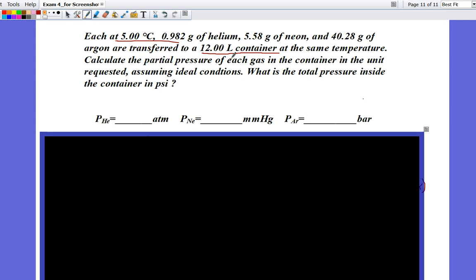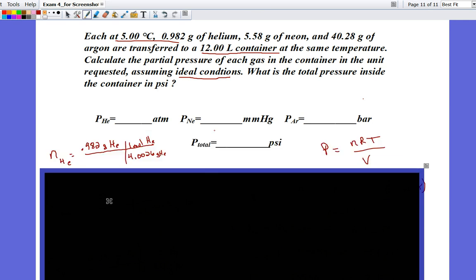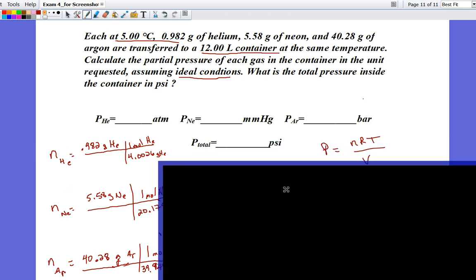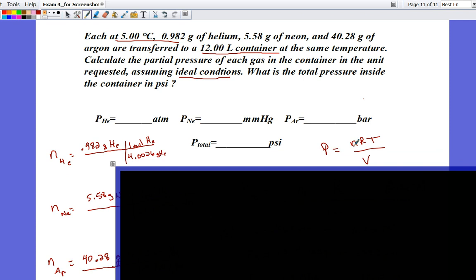And you're supposed to calculate the partial pressure in the unit that I'm requesting, assuming ideal conditions, so that means you can use the ideal gas law. And then tell me the total pressure inside the container in units of pounds per square inch, or psi. So for each one of these, you need to first set them up and determine the number of moles, because to get the pressure using the ideal gas law, you multiply nRT and divide by volume.